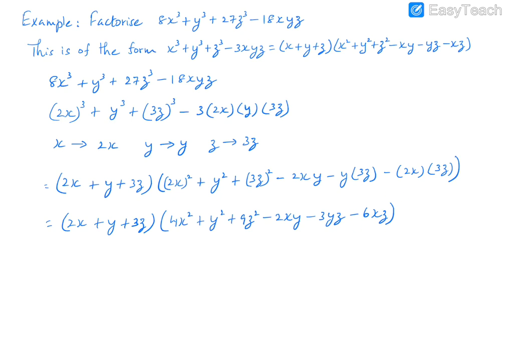So the factors of this particular polynomial or this particular expression are given by this particular term, which is 2x plus y plus 3z multiplied with 4x square plus y square plus 9z square minus 2xy minus 3yz minus 6xz.